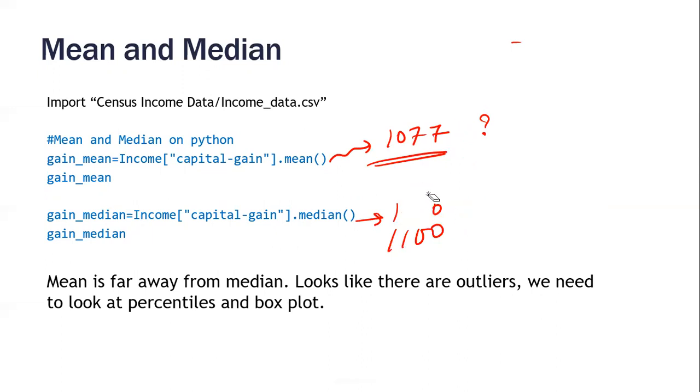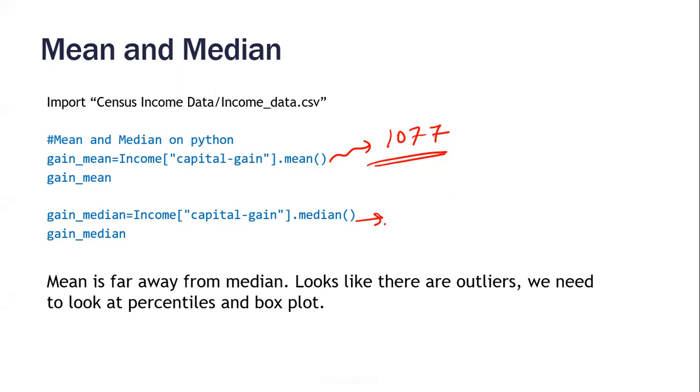If the mean and median are far away from each other, very different, what could that mean? There are outliers. That is our first hint. And outliers are very important for detection and elimination. We are going to talk a lot about outliers in the upcoming slides.